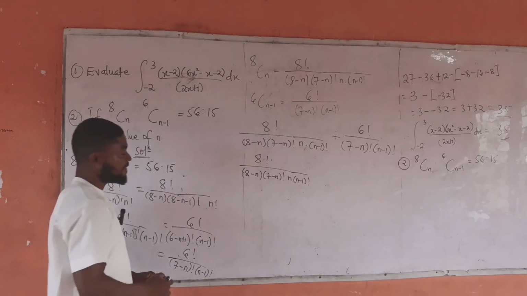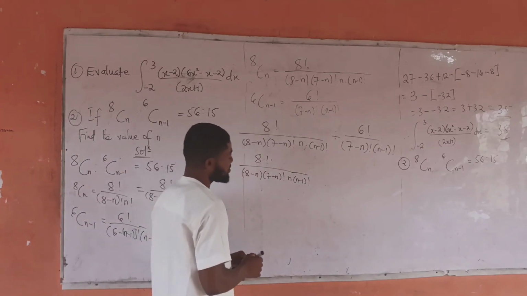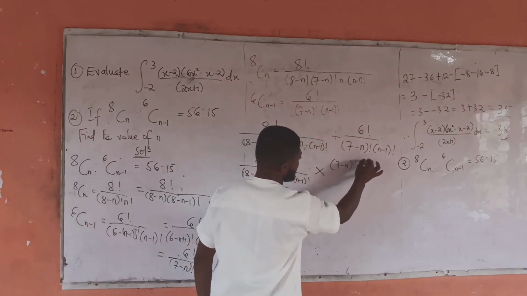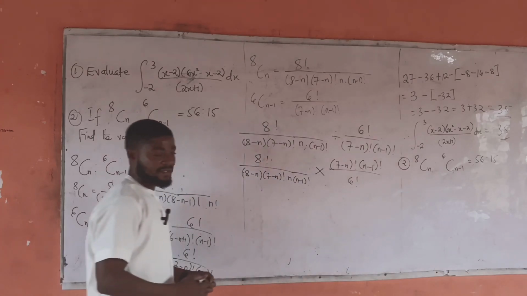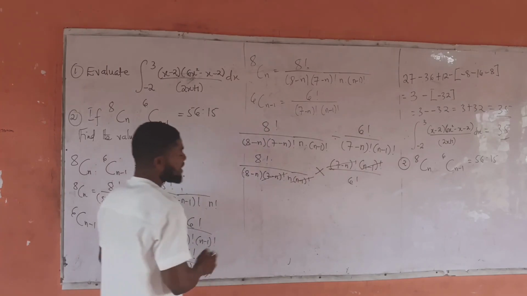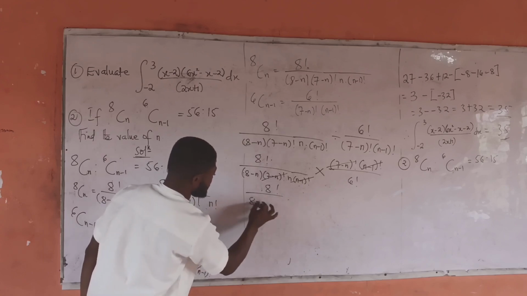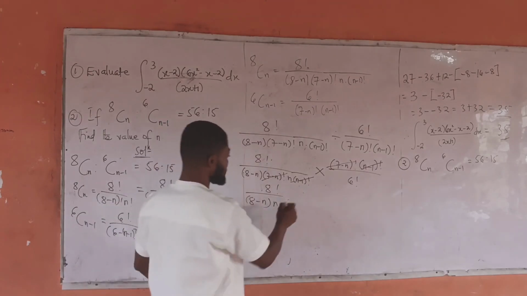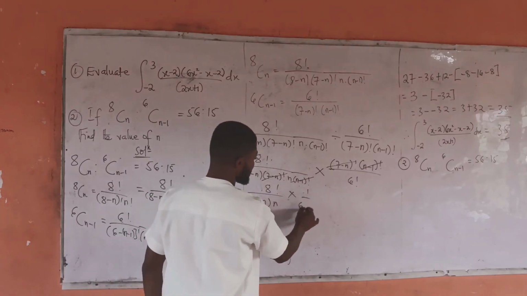So we have 8 factorial, 8 minus n, 7 minus n factorial, n minus 1 factorial times, so we have it this way. This will take care of this. This also takes care of this, leaving 8 factorial, 8 minus n, and then n over here. Going to the other side, times here, we have 1 over 6 factorial.